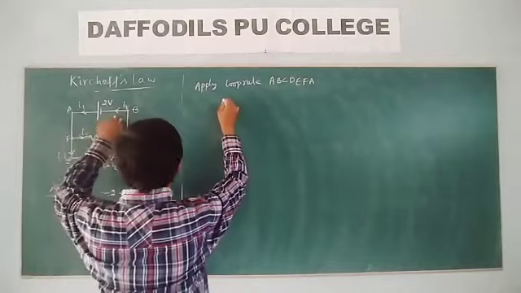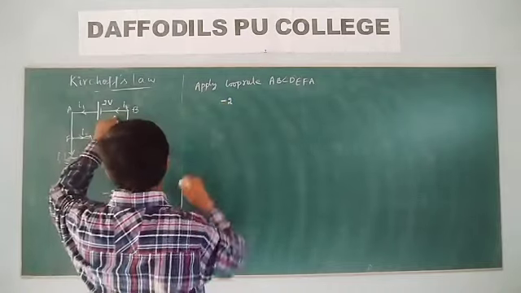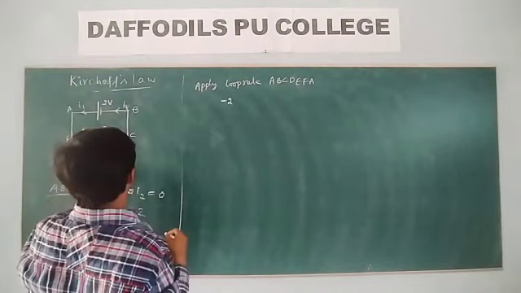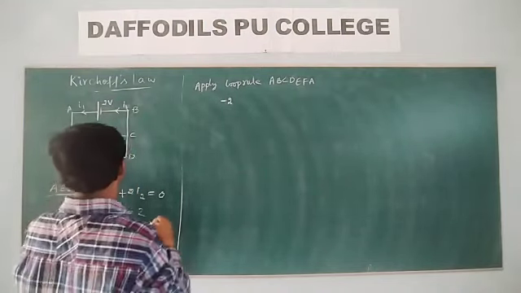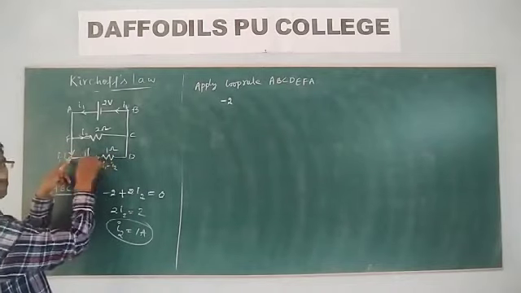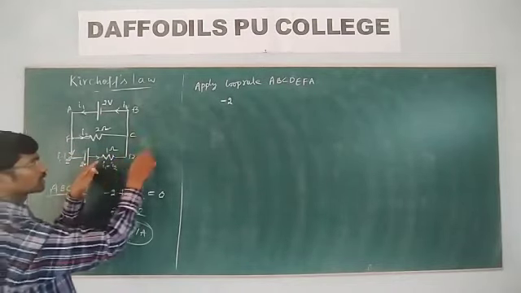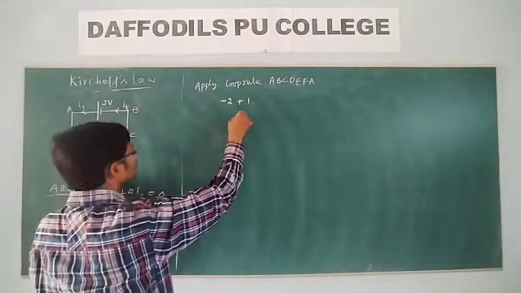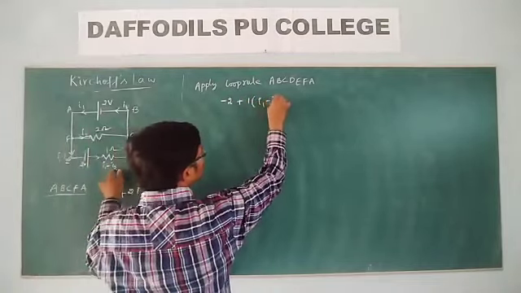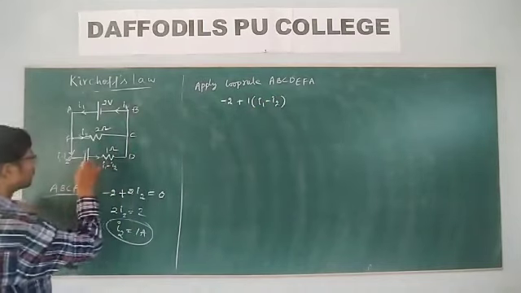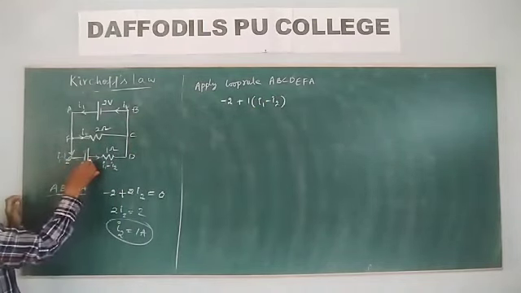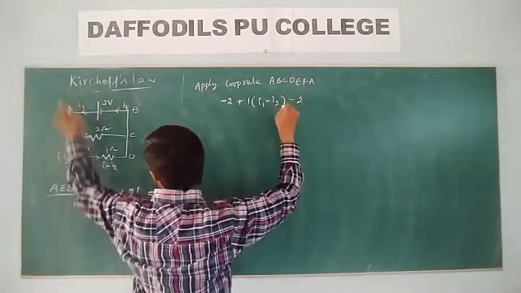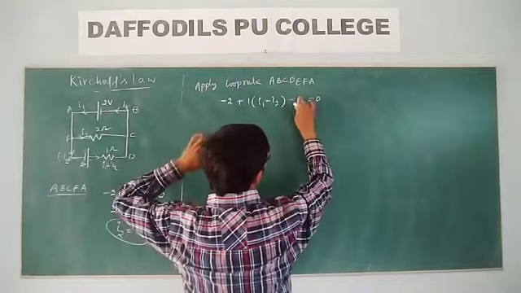A to B: minus 2, and no components here. Again, the direction of measurement is from D to E, but the current is opposite, so we take plus 1 into I1 minus I2. Again we are moving from plus to minus, so what do you have here? Minus 2 EMF, minus 2, and there are no components, is equal to 0.